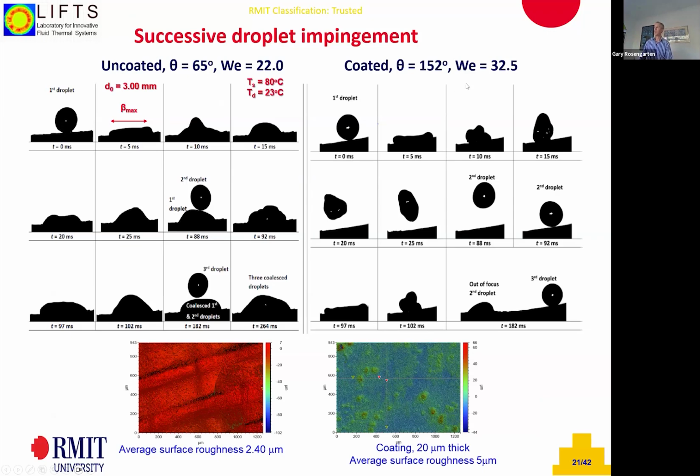We coated it with a superhydrophobic coating and brought it up to about 152 degrees, which is superhydrophobic. We had similar Weber numbers, and hopefully people have talked about Weber numbers. It's just the ratio of the inertia and the surface tension of the droplet, so how fast it's going if everything else is constant.